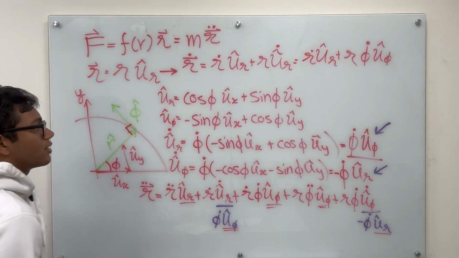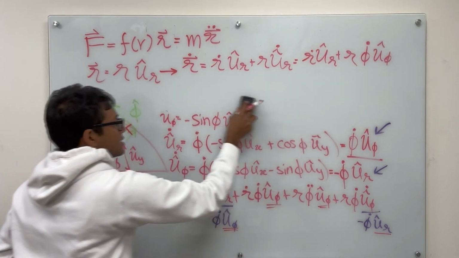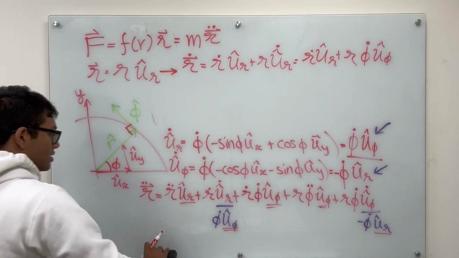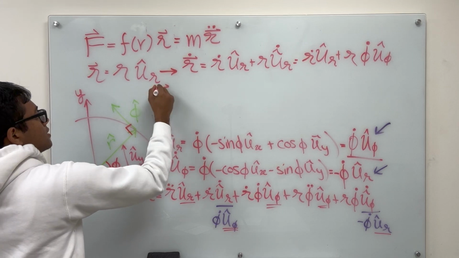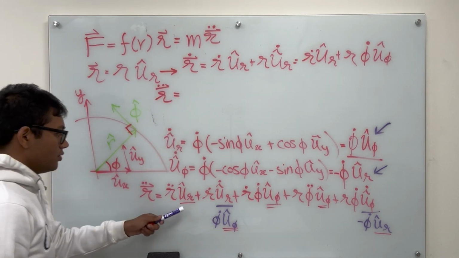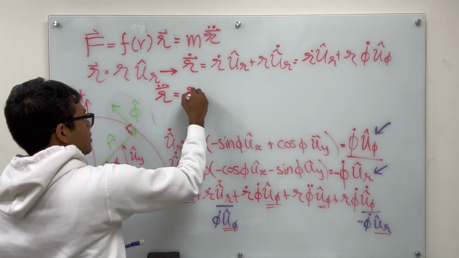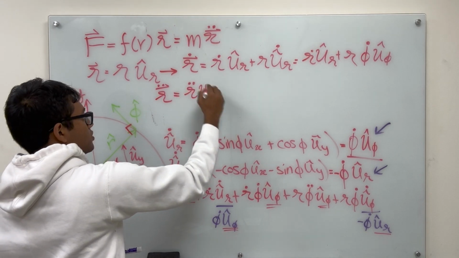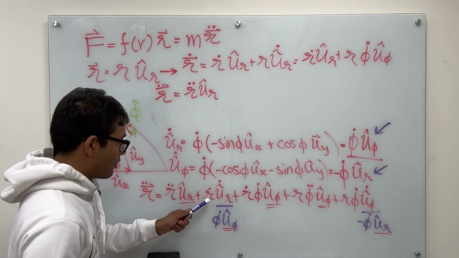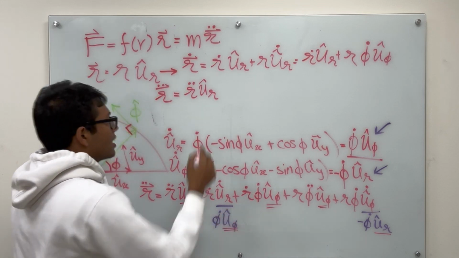So let's see where I can write this here. Maybe I can erase this. So r double dot is equal to, so I have r double dot u sub r plus, now r dot phi dot, they add up.